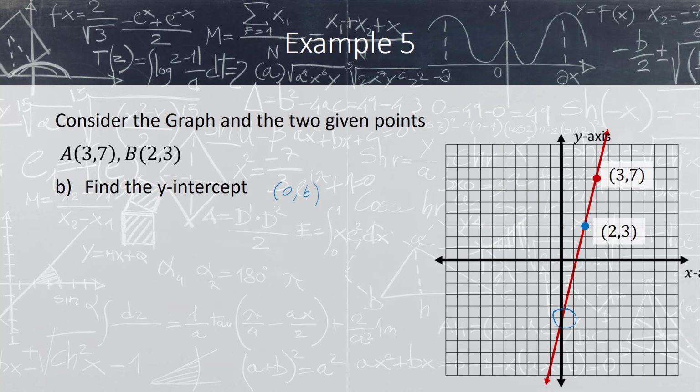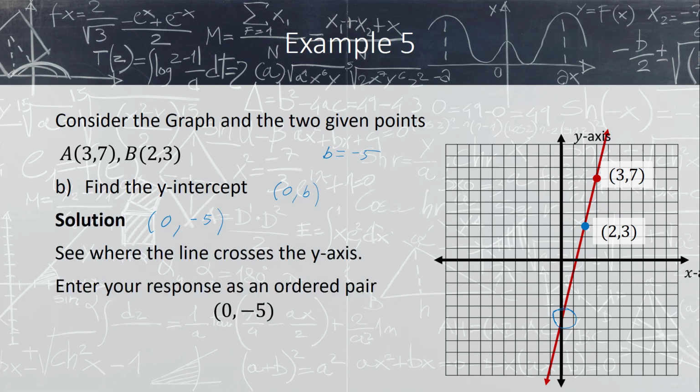So in this case, b is -5, and the y-intercept is going to be 0, -5, because the y-intercept is actually an ordered pair, where the second coordinate, the y-coordinate, is where the line crosses the graph. And that's what we have here.